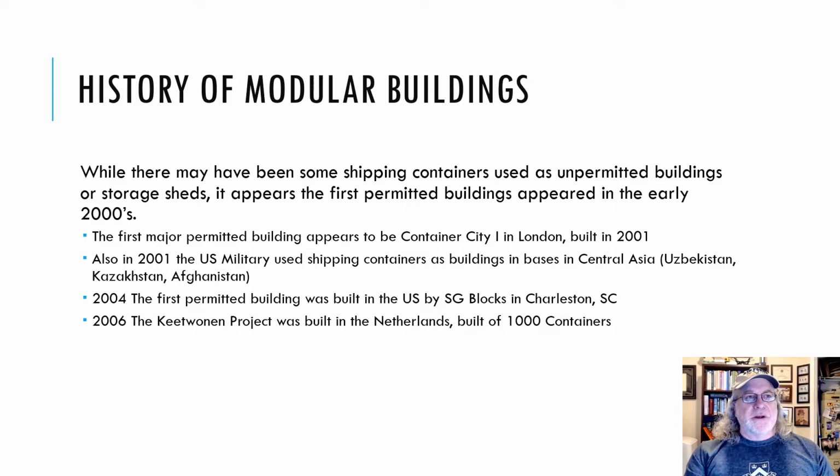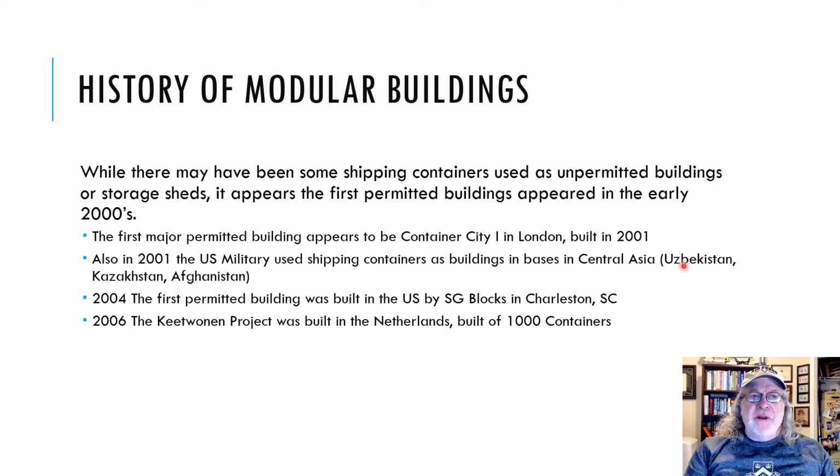The first permanent building seems to be Container City One in London. I'm sorry, but I don't know for sure if that's it. But as far as the builders know, they believe they're the first ones that have built a permanent facility in the world.